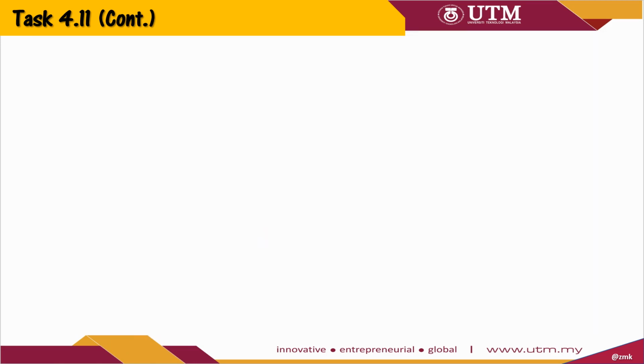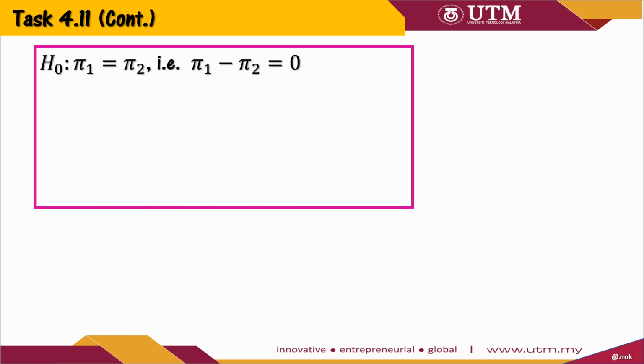As we have a two-sided alternative hypothesis test for this task question, then under H0 we have pi1 is equal to pi2, that is pi1 minus pi2 is equal to 0, whereas under H1 we have pi1 is different from pi2, that is pi1 minus pi2 is different from 0.